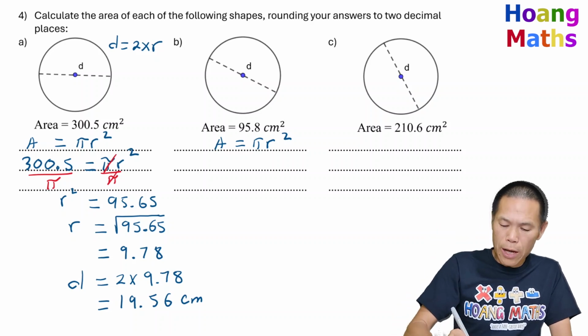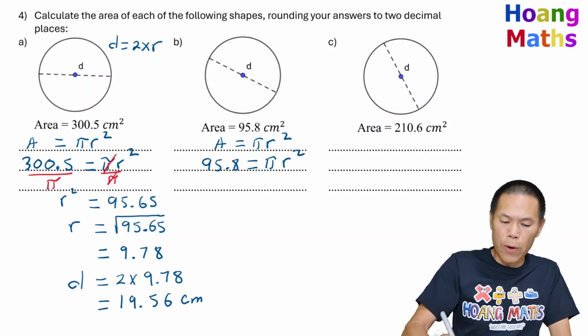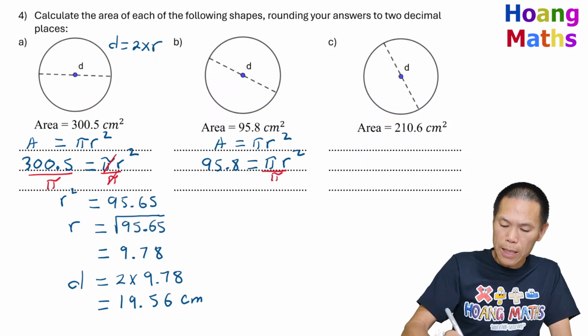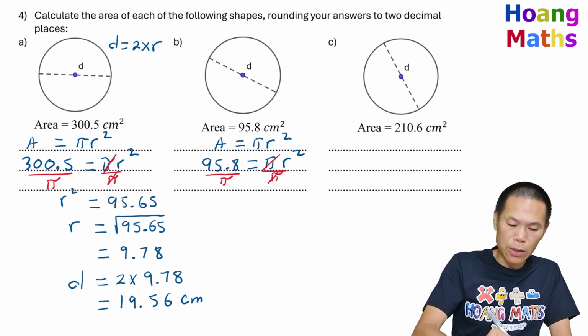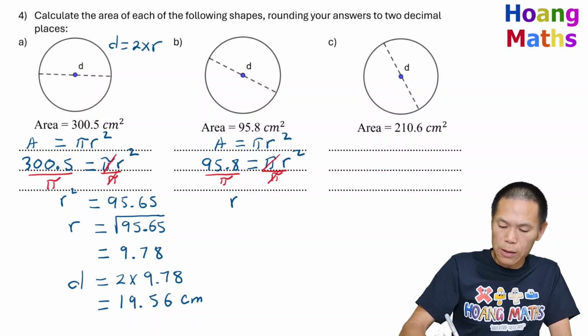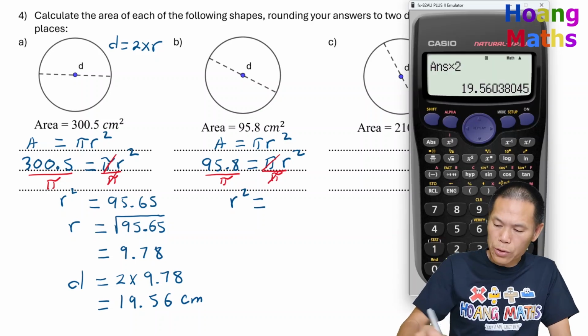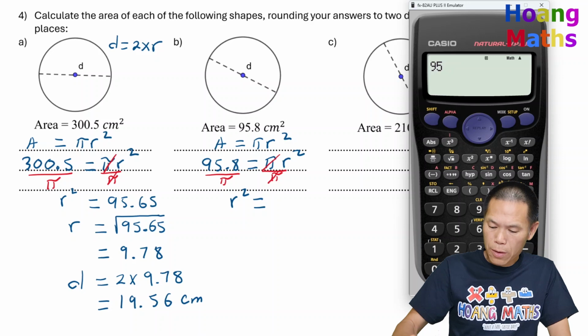So now area is 95.8. Is pi r squared. Then what I do, I divide this by pi. I divide this by pi. That cancels out. So the radius squared equals 95.8 divided by pi.